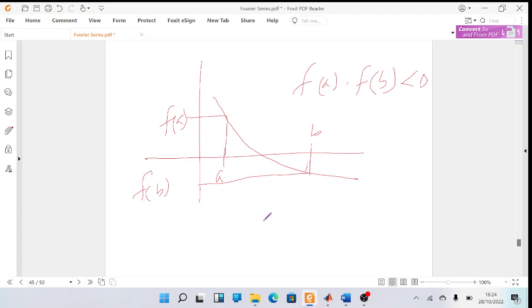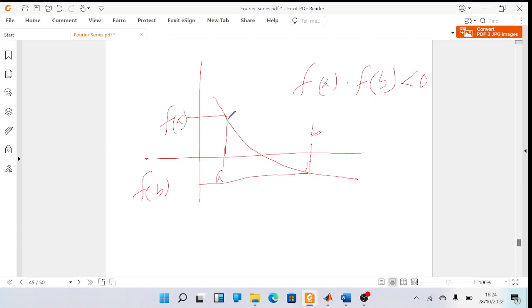So when using the bisection method to find the root of a given equation f(x) = 0, we shall start with the intermediate value property to search for values of a and b such that the curve crosses the x-axis.